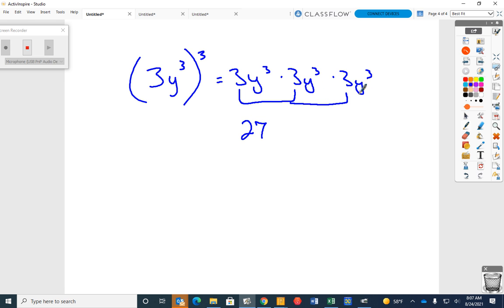What do I do with those exponents? The base is the same, right? Oh, you add them. Okay. So what would this be? 27 what? To the what? 3 plus 3 plus 3 would give me what? Y to the 9th. Okay?